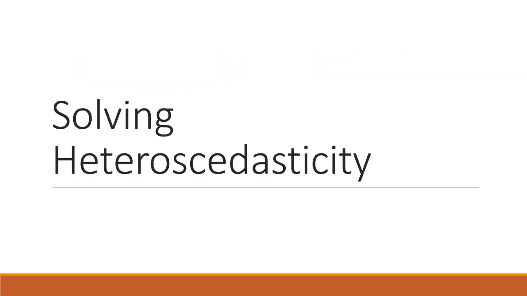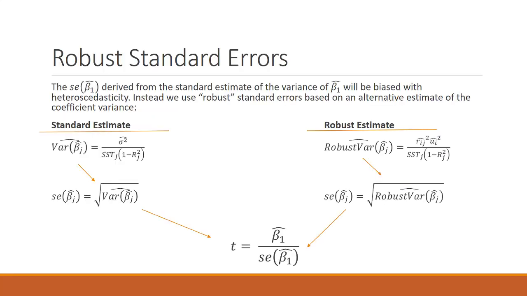All right. Now, lastly, solving for heteroskedasticity. So what if we have a heteroskedasticity problem? In that case, now we've got to try to solve it. Actually, for as big of a problem as heteroskedasticity can be, the solution is rather straightforward.